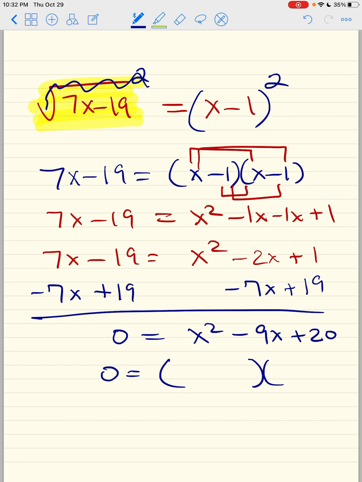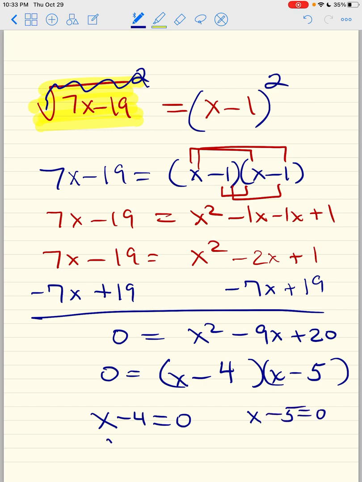Can you think of two numbers that multiply to a positive 20 and add to a negative 9? I could, 4 and 5. Once you're done there, you're going to take each piece in the parentheses and set it equal to 0. You're going to add 4 to both sides, and 4 is an answer, and you're going to add 5 to both sides, and 5 is an answer.